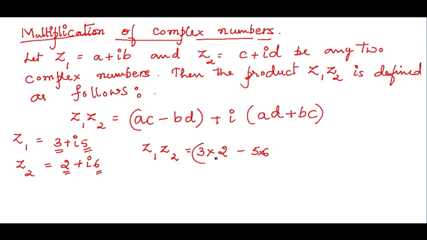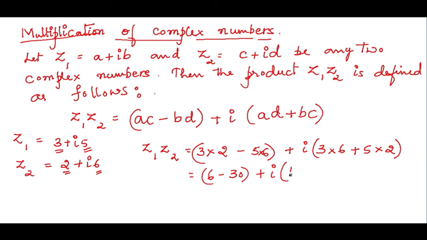So this forms the real part, plus i into, what is A? A is 3, into D, which is 6, plus B, which is 5, into C, which is 2. So we have written it in the standard format. Now let us simplify this. So this is 6 minus 30 plus i into (18 plus 10).